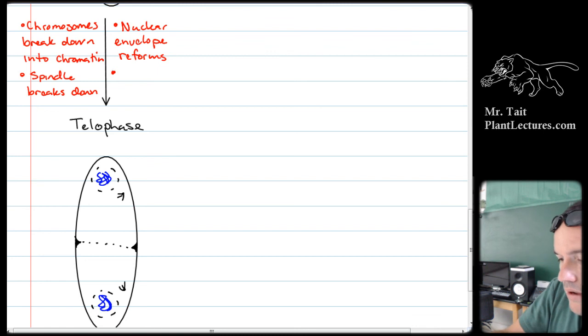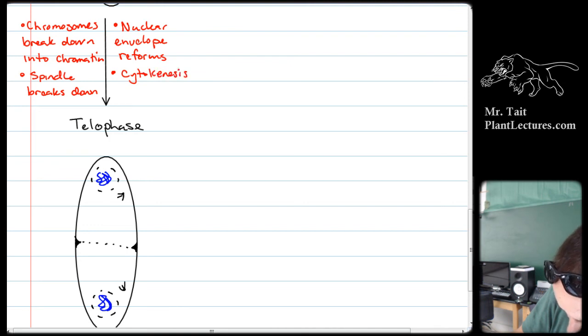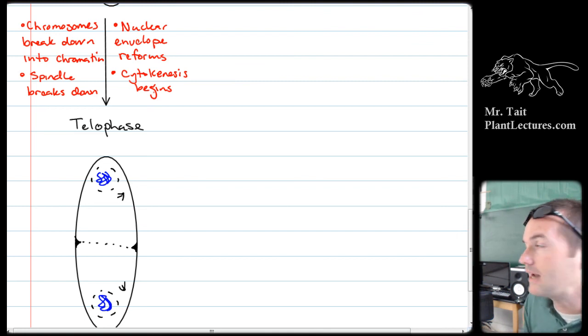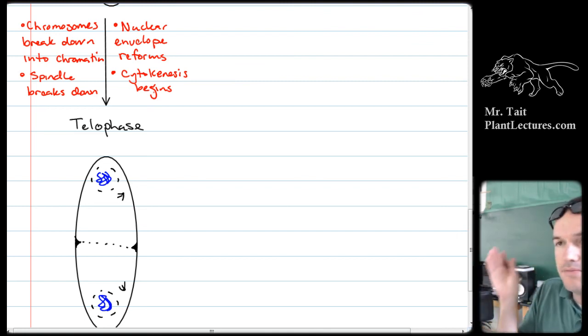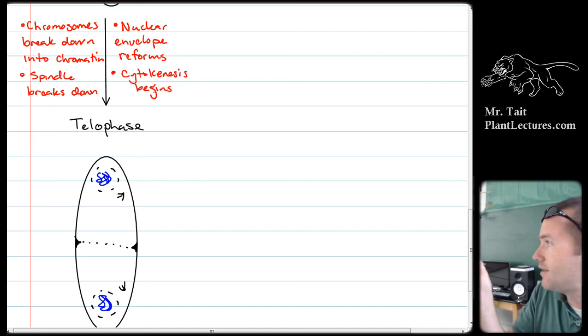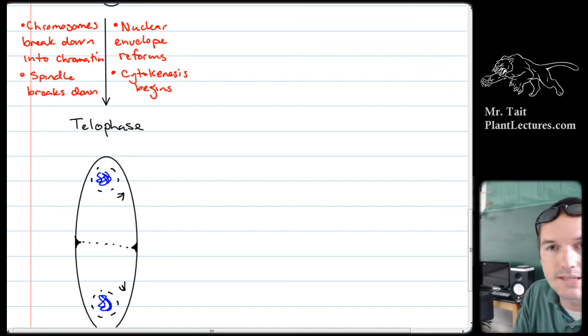And generally, near the mid portion of telophase, when the nuclear envelope is just starting to reappear, that's when we start to see cytokinesis beginning. Okay, so there is not going to be a huge defining line between a cell that is going through cytokinesis and a cell that is in telophase.